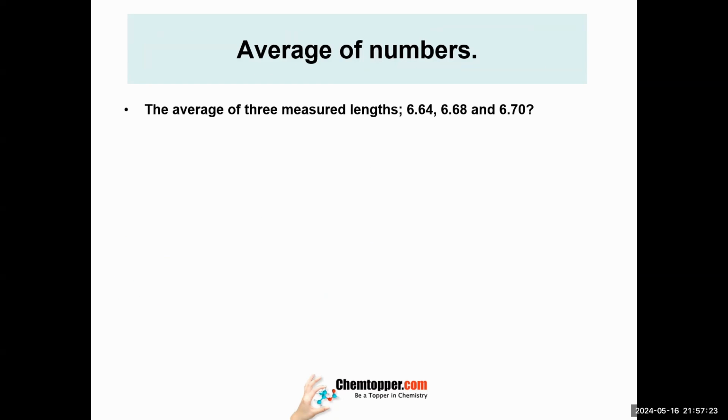Average numbers. Now I want to take the average of these numbers. So when you take an average, what are you going to do? You're going to add all these numbers. 6.64 plus 6.68 plus 6.70. How many numbers are there? 3, divided by 3. Now if I use the rule of multiplication and division, this 3 has only one significant figure.